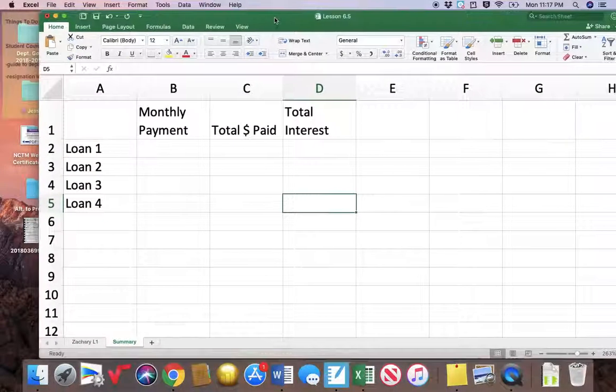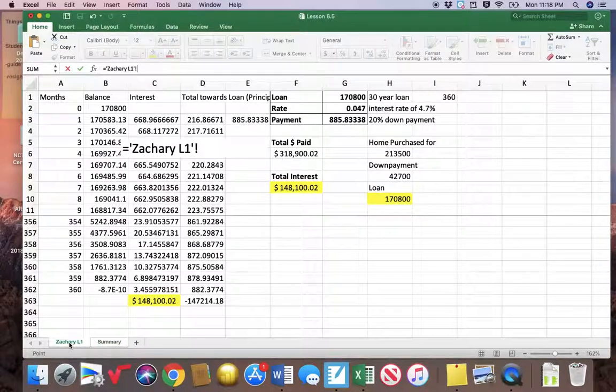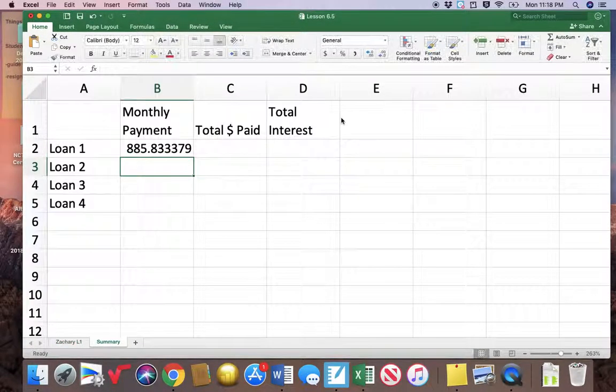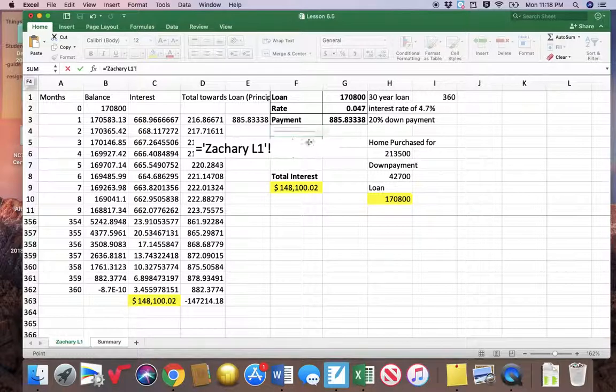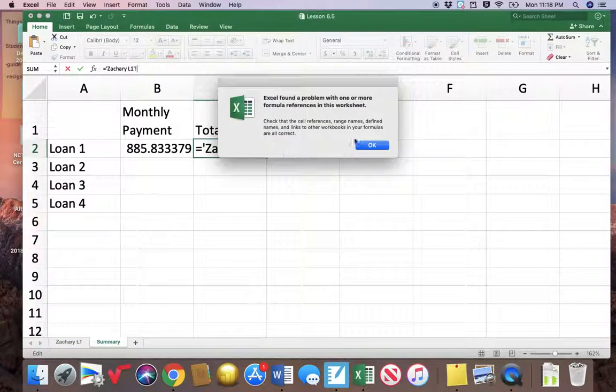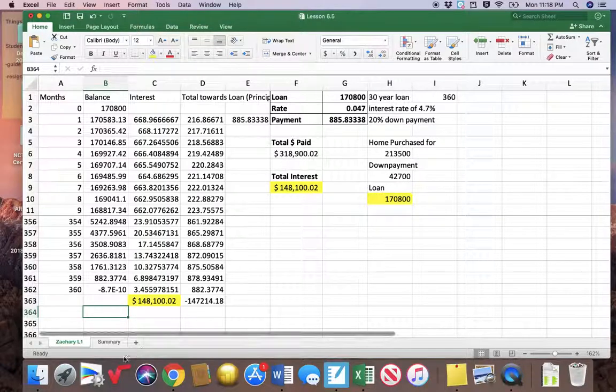So what I can do is show you how you can actually pull from across sheets. I can say monthly payment for loan 1 equals, I can go to loan 1 and grab that monthly payment and just hit enter and it'll pull that number. Total dollars paid is equal to, let's go to Zachary loan 1. Total dollars paid I believe is here. Why on earth is that doing that? Okay, it's gone now.